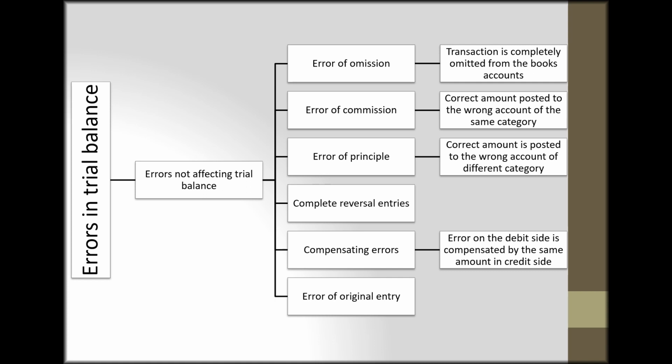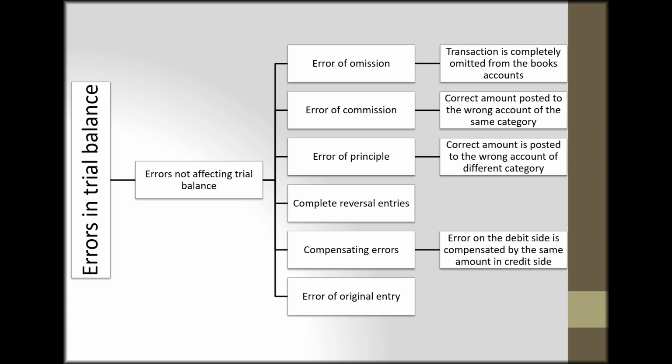It should be debit cash, credit sales, but you debit sales, credit cash. Correct amount, only the reversal of entries. So at the end of the day we cannot detect the error from the trial balance.